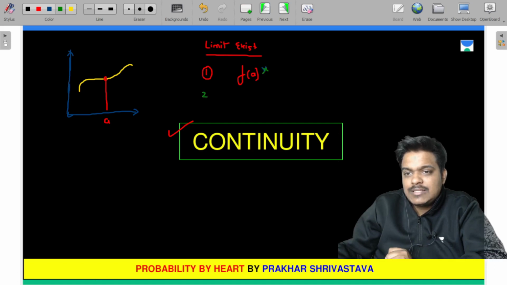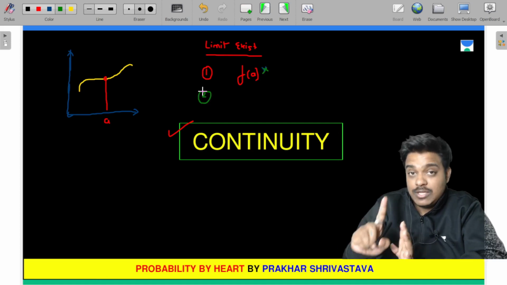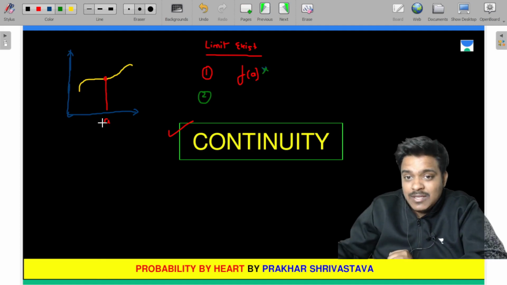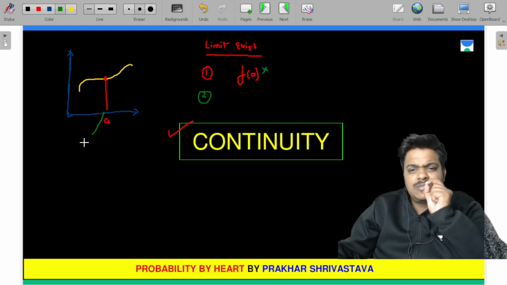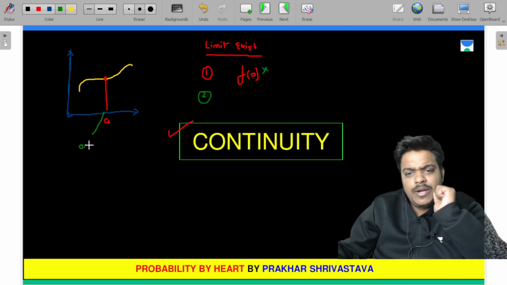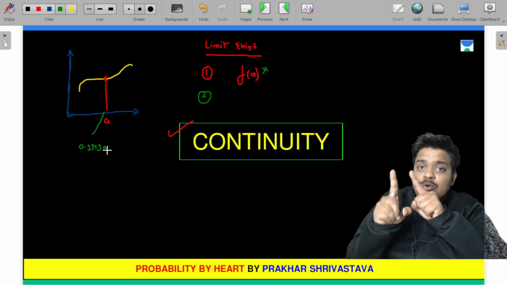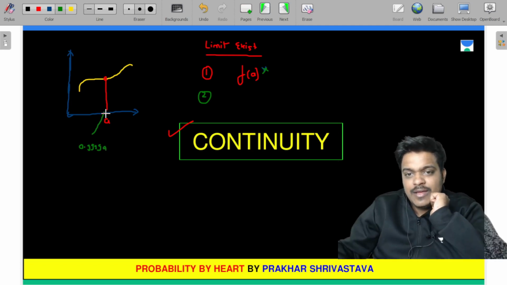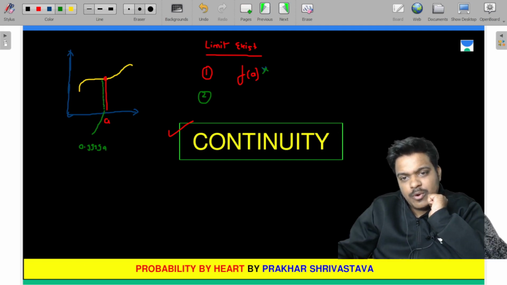Then what is the next approach? We have understood this also till now. We'll take a value just smaller than A, or you can say 0.9999A, just a value left of A. We'll calculate the value of the function at this point.